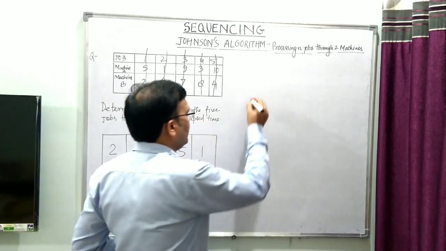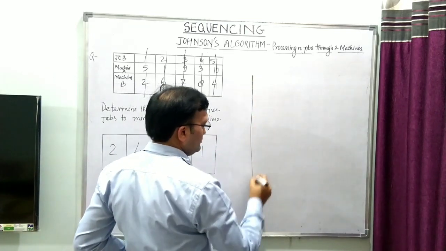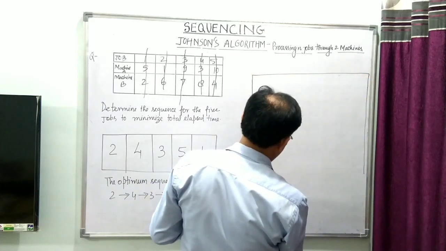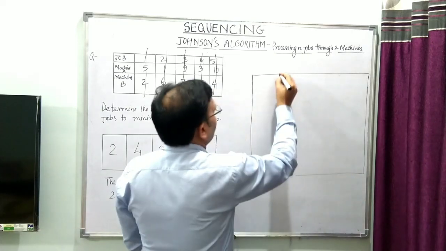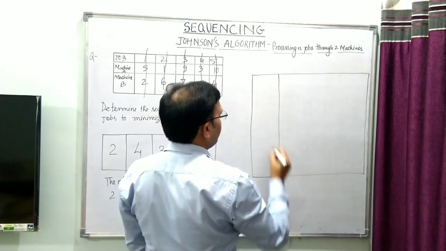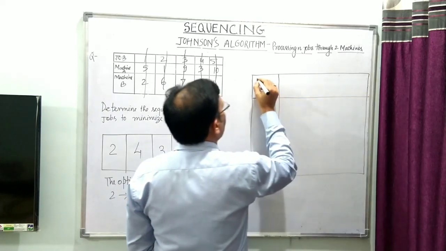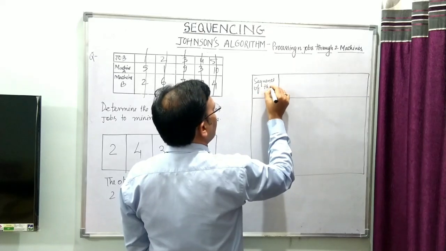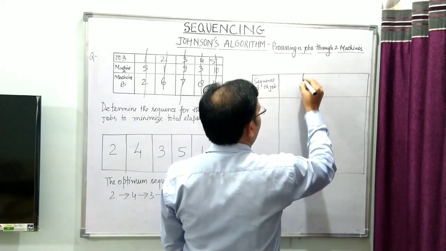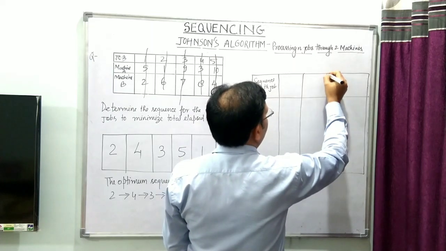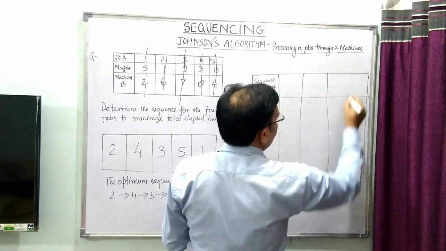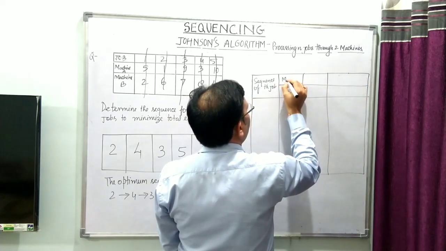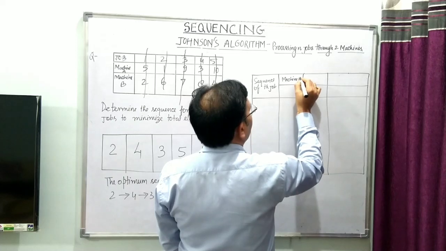Now we are going to calculate the elapsed time, so we are going to make a table, right? So here it will be the sequence of the job, then you have got machine A and machine B. This will be machine A, right?